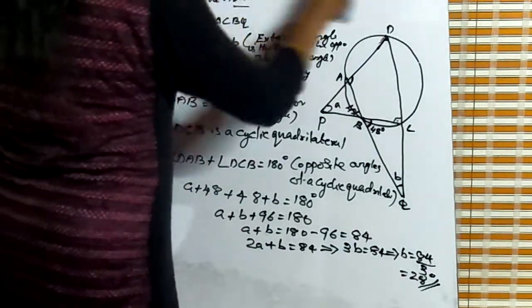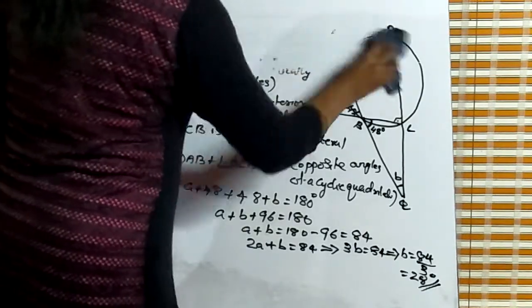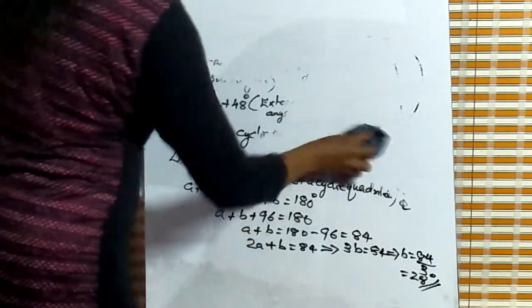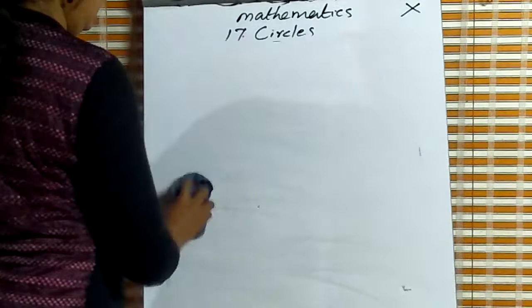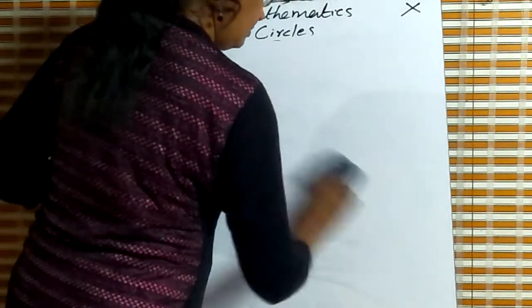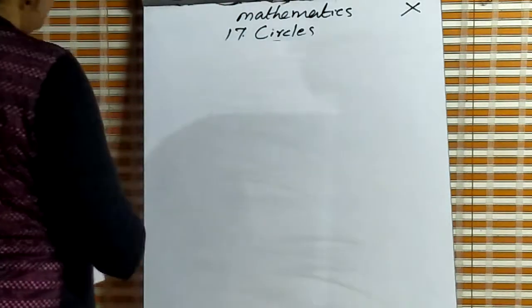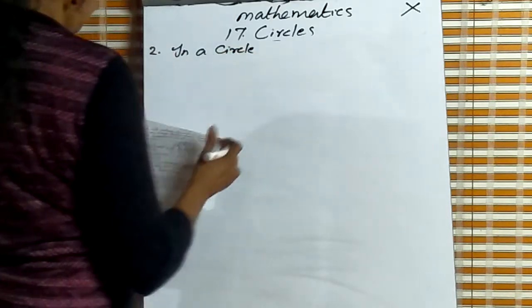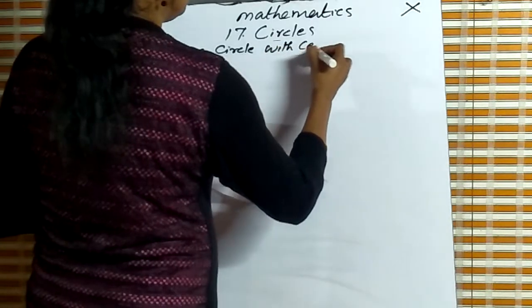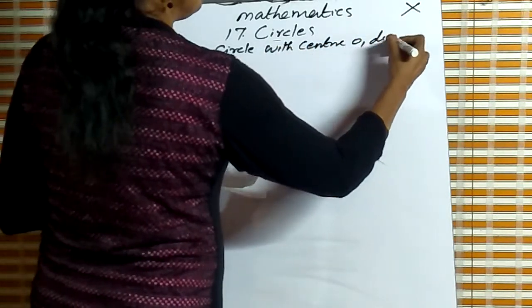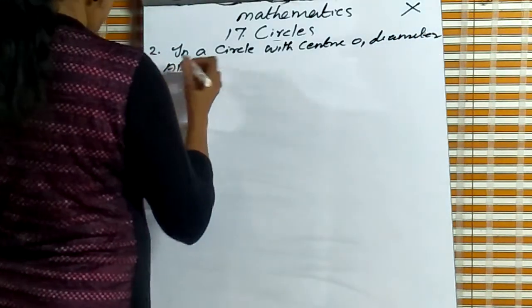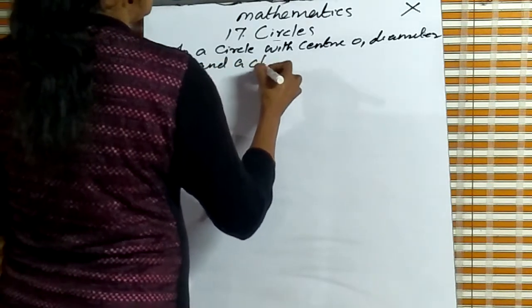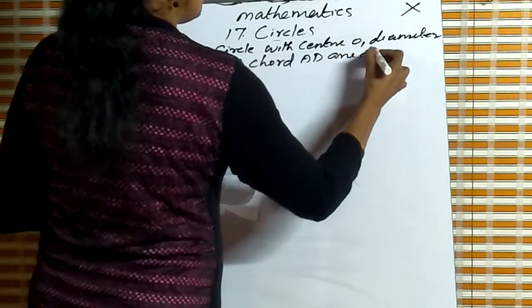Second question. In a circle with center O, diameter AB and a chord AD are drawn.